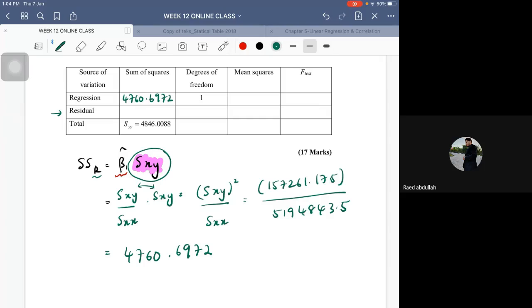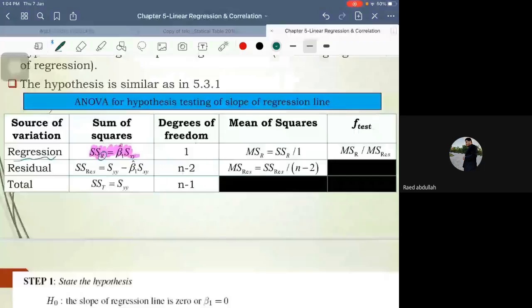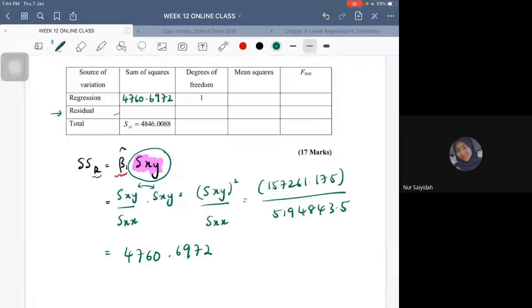Next, I also need to find the sum of square of residual. Can anyone tell me how do we find the sum square of residual? Do I have to use this formula all over again? Or what should I use if I wanted to find this column? Exactly, Syy minus regression. That's right. This column over here is called the total, so when you add these two together, you will get this value.